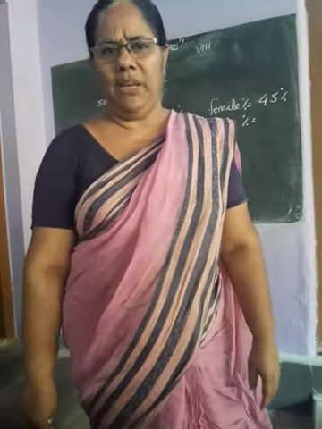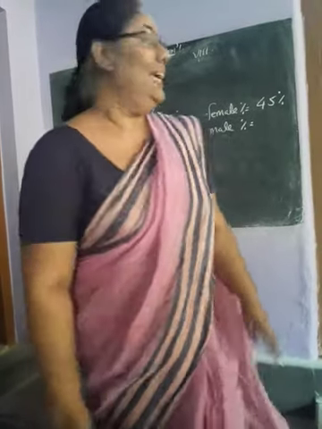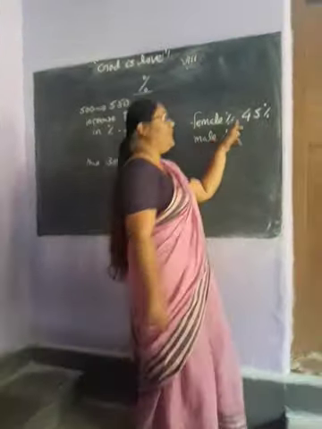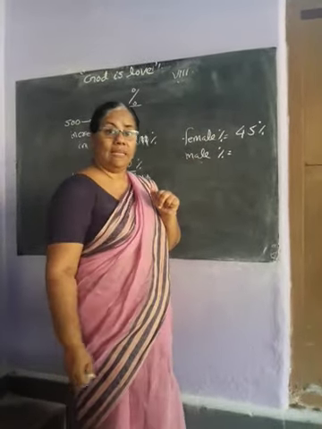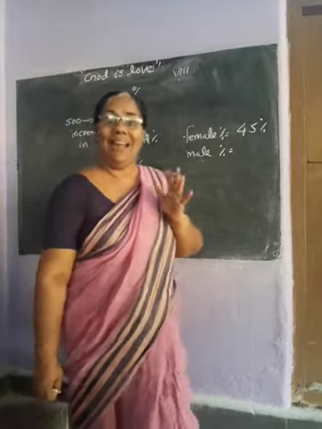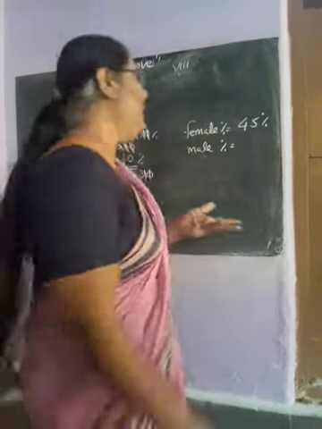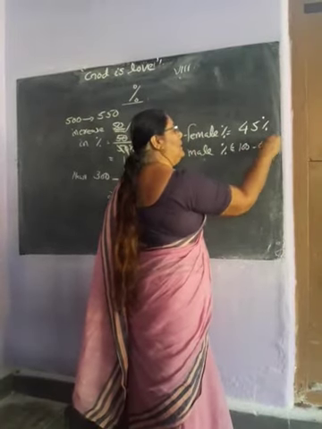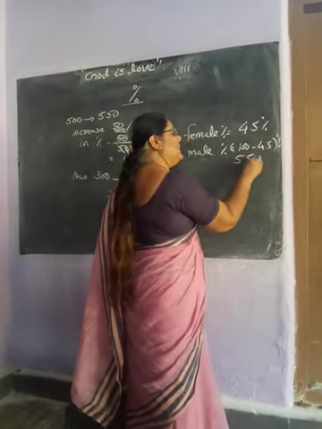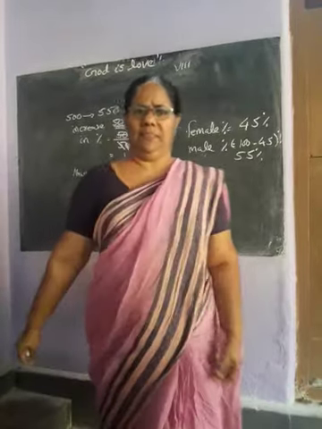Total percentage means 100, isn't it? If the female percentage is 45, then how can you find the male percentage? Very good. 100 minus 45. What is 100 minus 45? That is equal to 55%. You can directly find that answer.